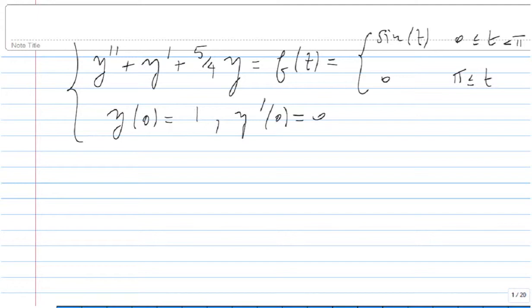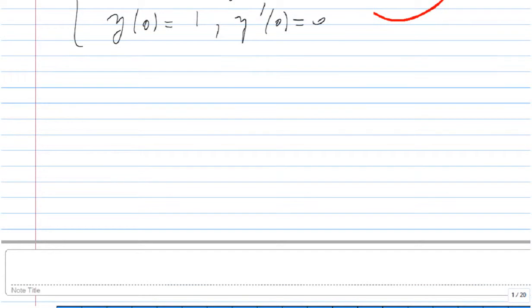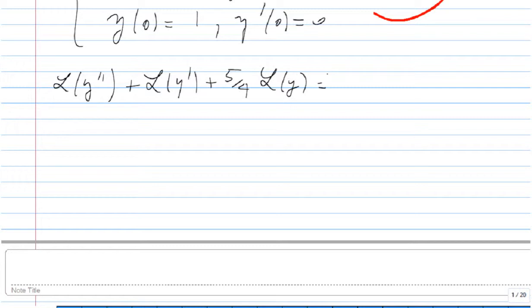Again, because the function here is a step function, we are going to be using Laplace. Using the formula for Laplace of y double prime, we get Laplace of y double prime plus Laplace of y prime plus 5/4 Laplace of y equal Laplace of f of t.